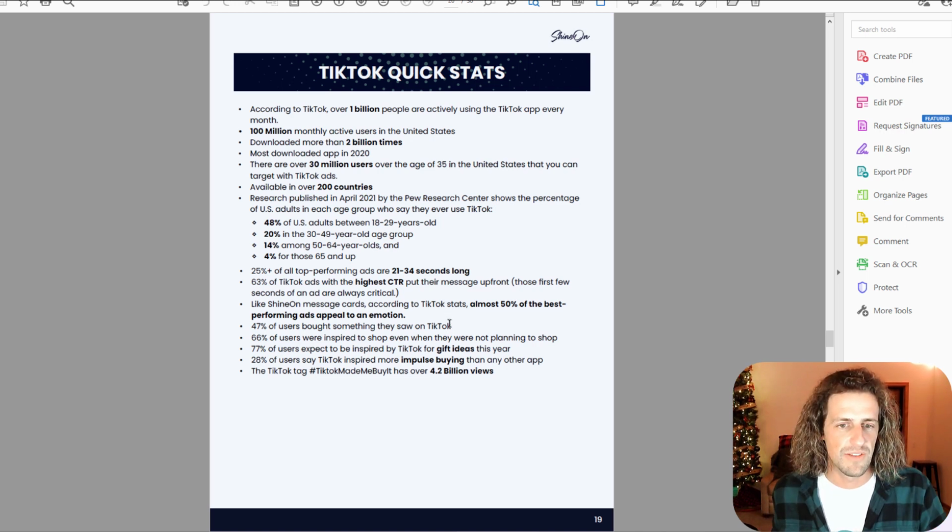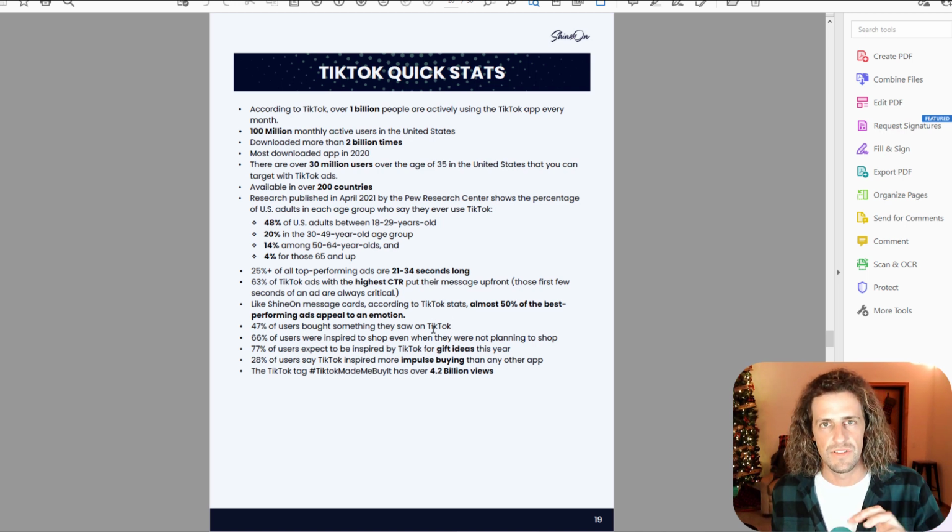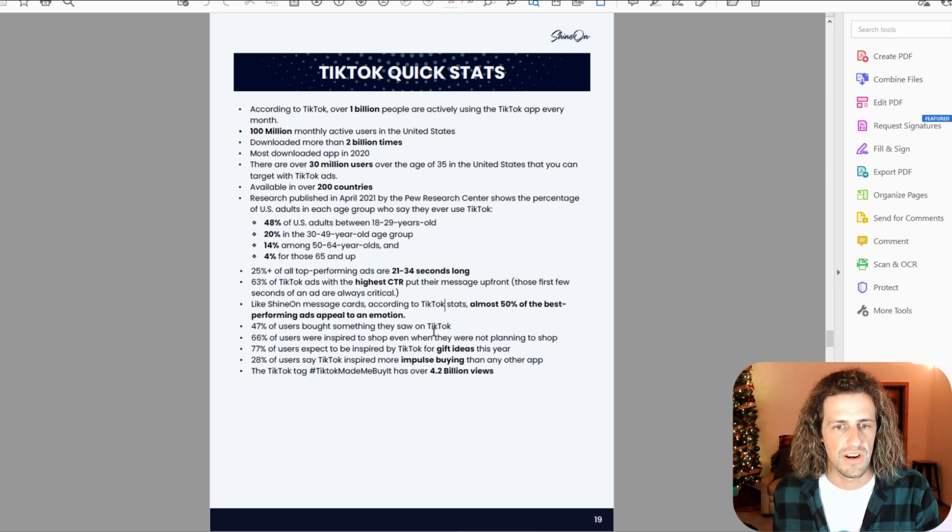So it really is a powerful platform, and it's very visual with video as opposed to just people scrolling a Facebook feed, for example, and seeing images. This is a very active platform of video content that they're seeing, all the different dimensions of different products or just different ideas.